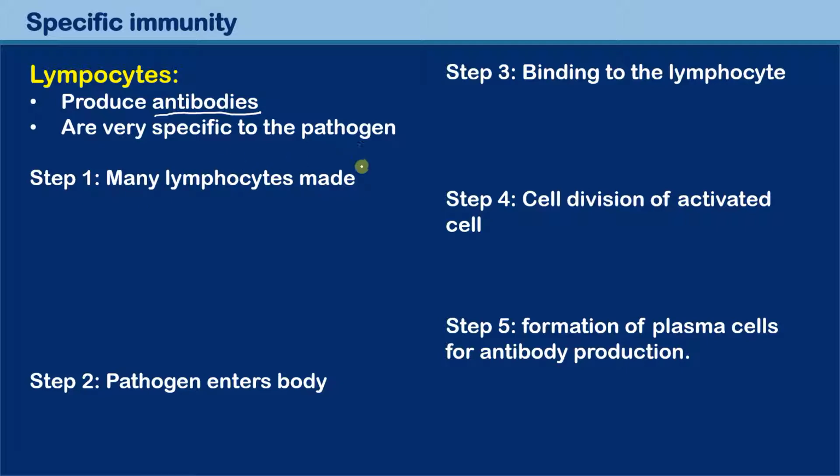So first of all, the human immune system starts to make many different lymphocytes randomly. So it just tries out. So we have over here lymphocyte 1, lymphocyte 2, and lymphocyte 3. And how are they different? They're different because on the surface, they have surface structures which are able to bind against different pathogens.